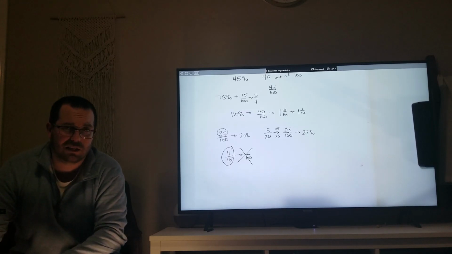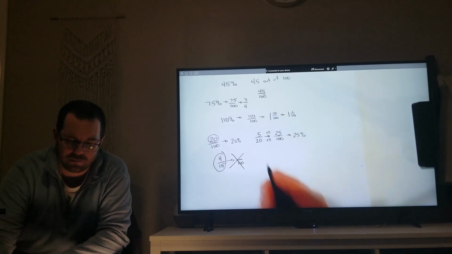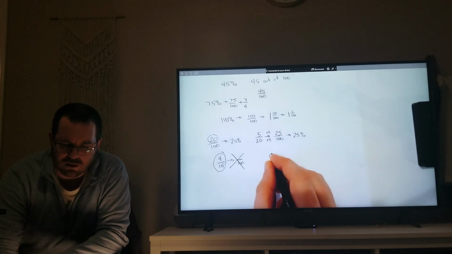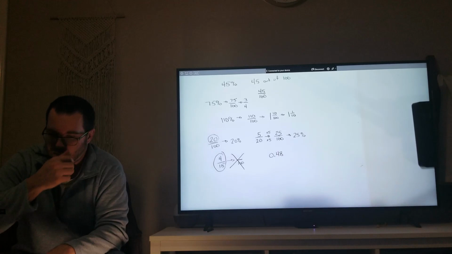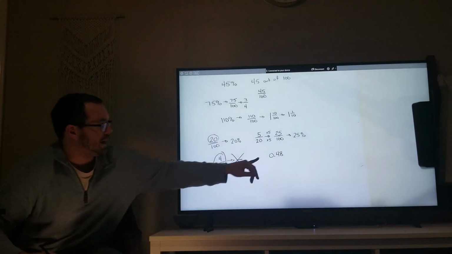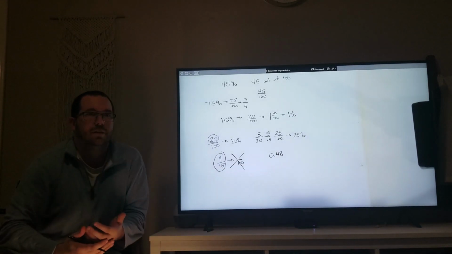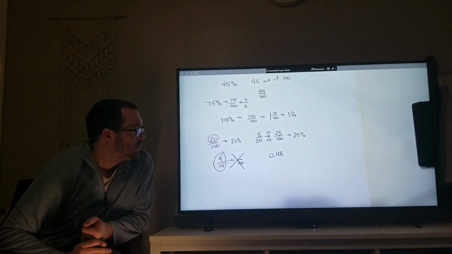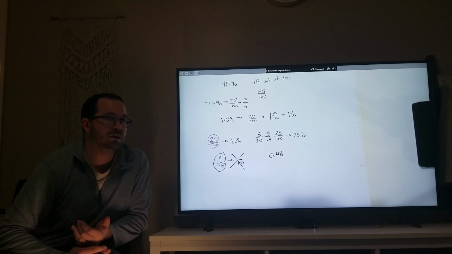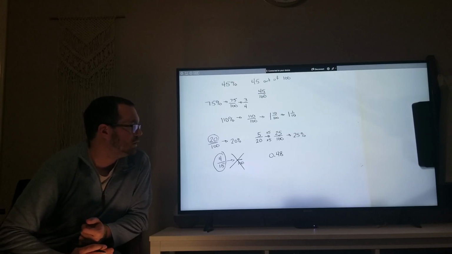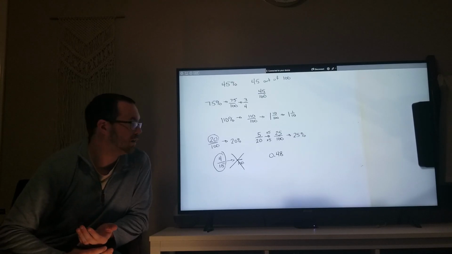Let's take a look at a decimal and see how we can convert it that way. So if I had 0.48, there's actually another way that I could say this number properly, and that's using its proper place values. The 4 is in the tenths column, the 8 is in the hundredths column.